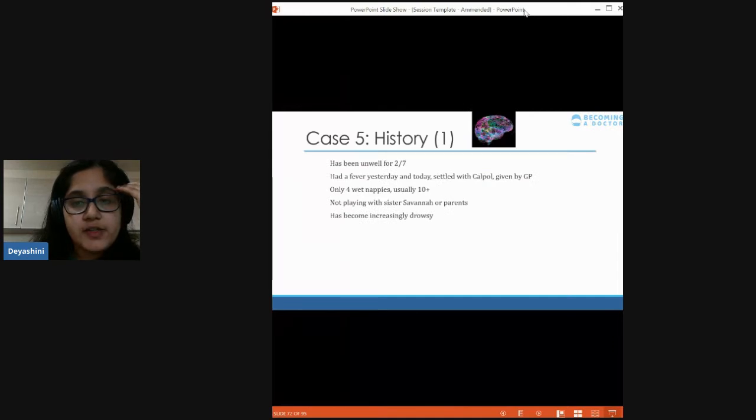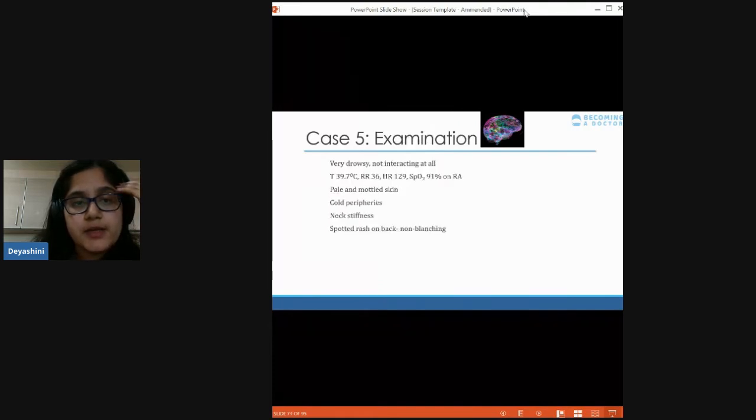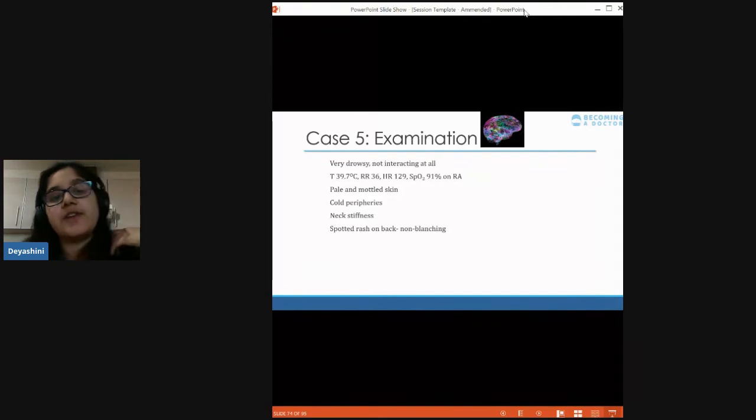He's not playing at all and has become increasingly drowsy. Born at term and no significant past medical history so far. All of his obs look not very good.